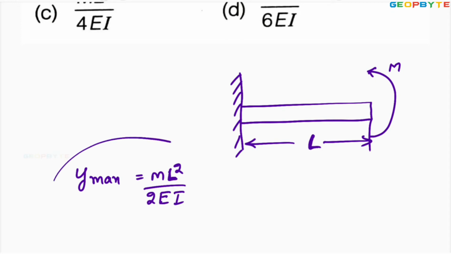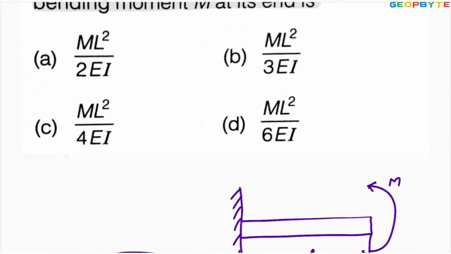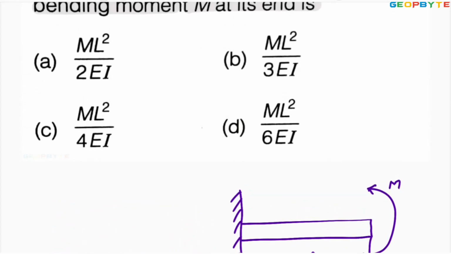So the maximum deflection occurs at the free end of the cantilever beam because of that bending moment. Look at the options. Option A, ML square by 2EI. Therefore, option A is absolutely correct.